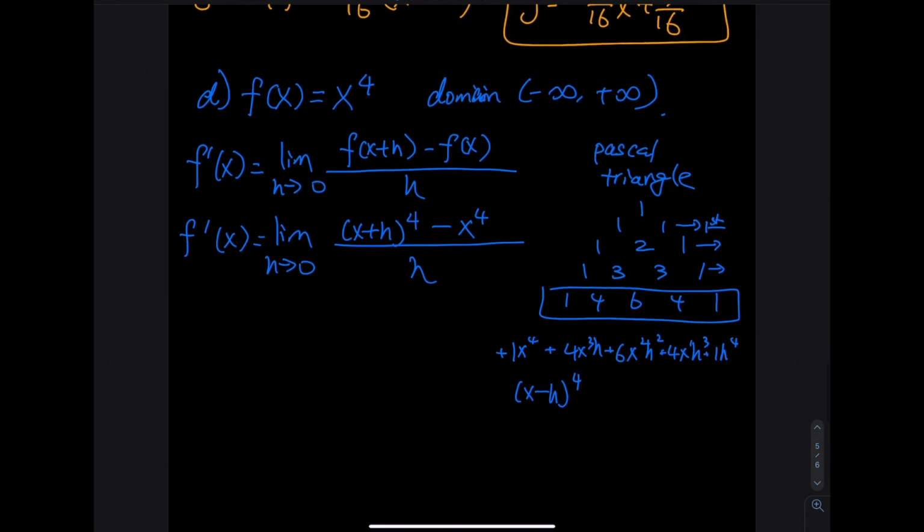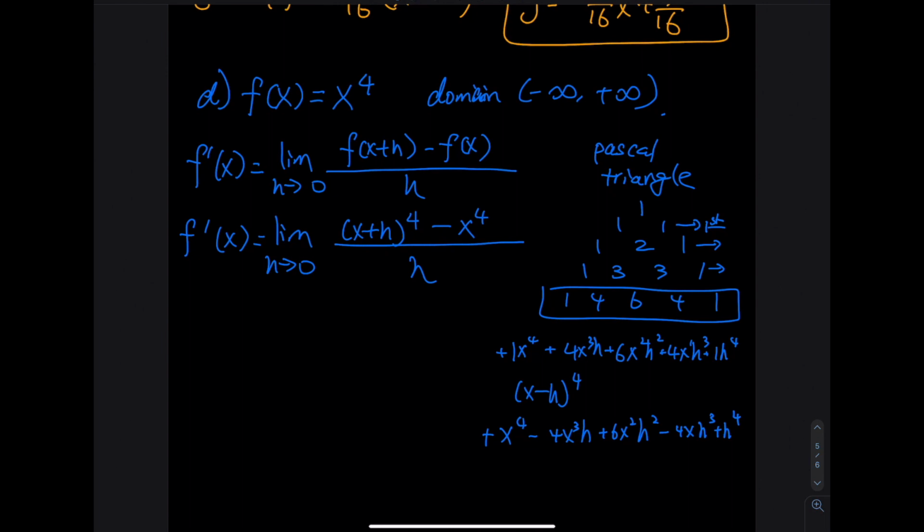Then you have x to the fourth minus 4x cubed h plus 6x squared h squared minus 4x h cubed plus h to the fourth. So that will be plus minus plus minus. If you have a plus, then they will be all plus. But since the limit definition is always x plus h, I don't think you will need the minus.